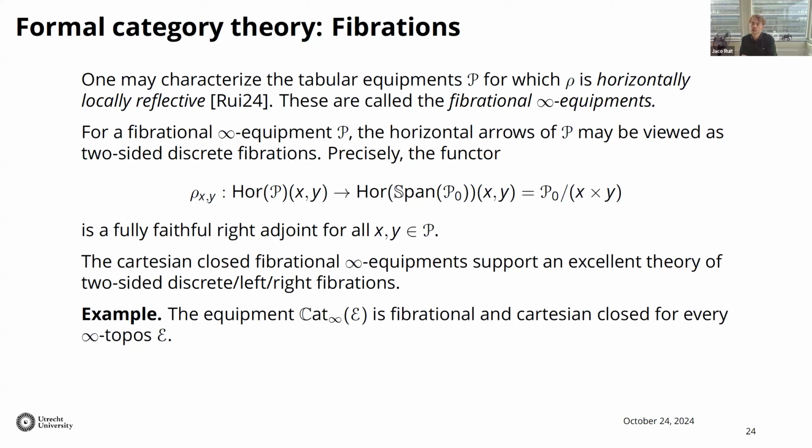You would have a span representation, but in the enriched setting, I don't think you can view enriched profunctors as these two-sided discrete fibrations. So there's some information loss when you pass to two-sided discrete fibrations in the enriched setting. But I do believe they are tabular. Oh yeah, I guess that's not the part that fails.